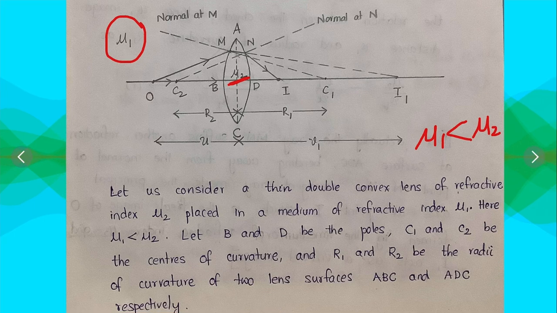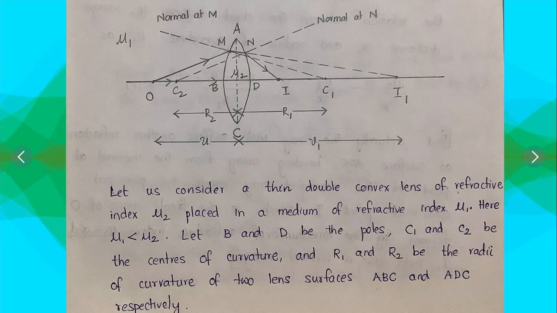Let B and D be the poles. You can see here, let B and D be the poles. I'll remove the lines so that you can clearly see. And let C1 and C2 be the centers of curvature.